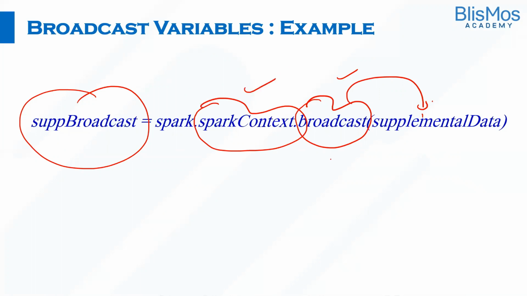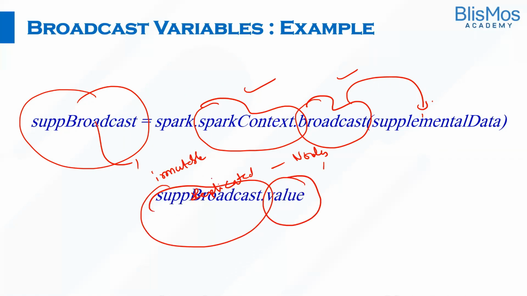This value is immutable, and it can be easily replicated across all the nodes in a cluster, as I explained in the earlier example. And one more thing is we can refer to this broadcast variable by using a value method. When you refer to the broadcast variable's value method, it returns the exact value of the variable or lookup table you have supplied earlier.